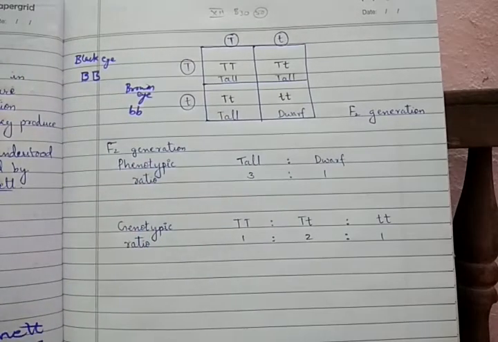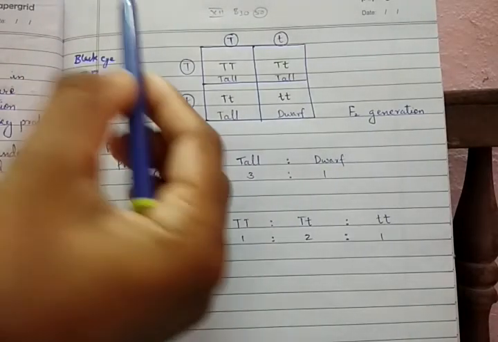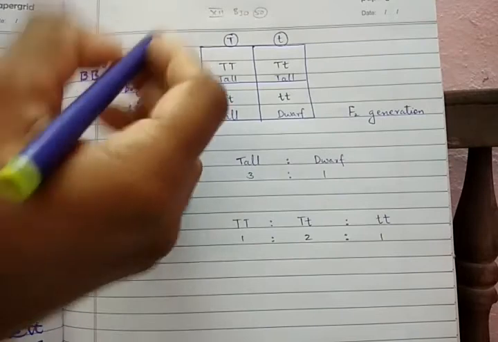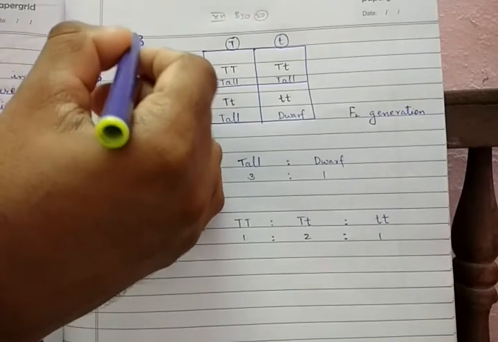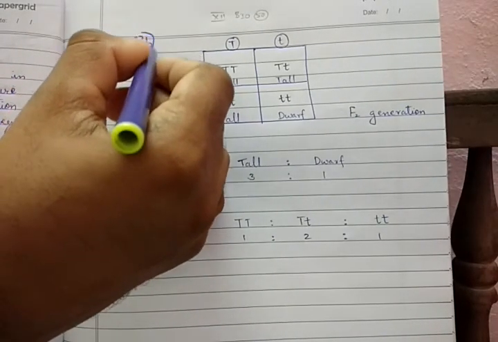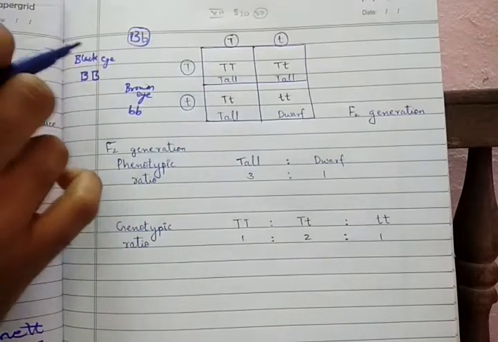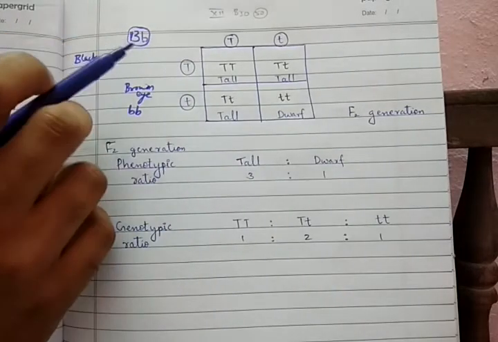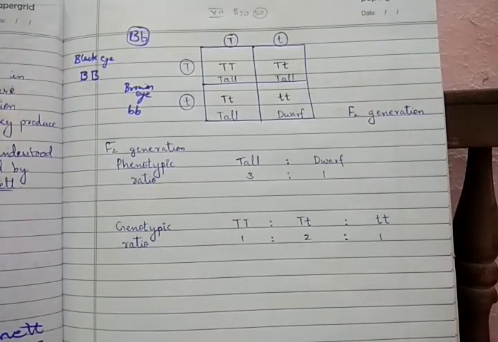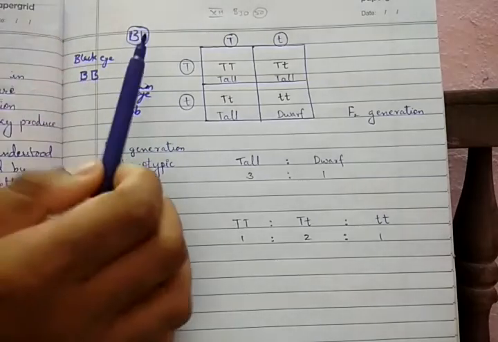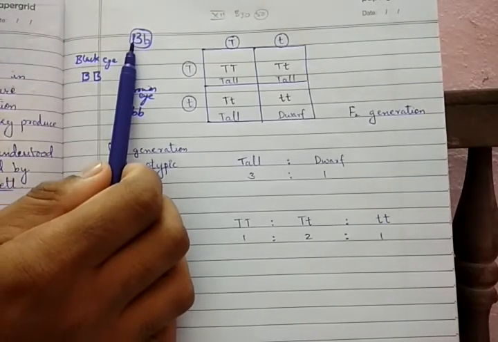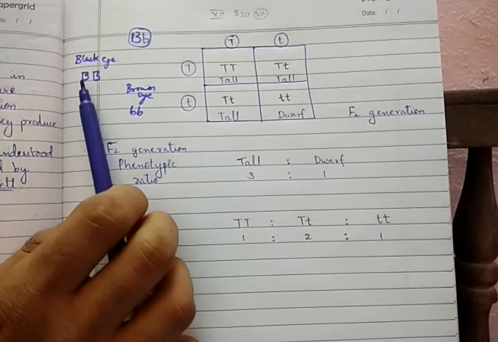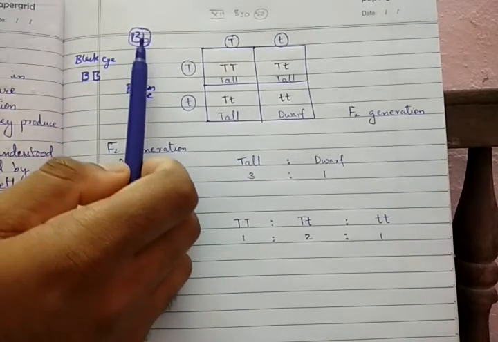What will be the condition? Suppose when we write the Punnett square, we will definitely get a condition of capital B, small b. Will it be the black eye or the brown eye? That character is dominant by the help of capital B. Capital B represents the black eye. It is a heterozygous condition.